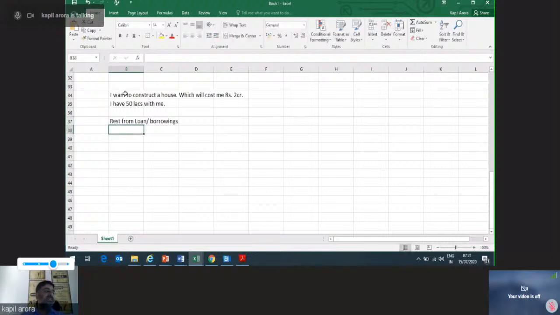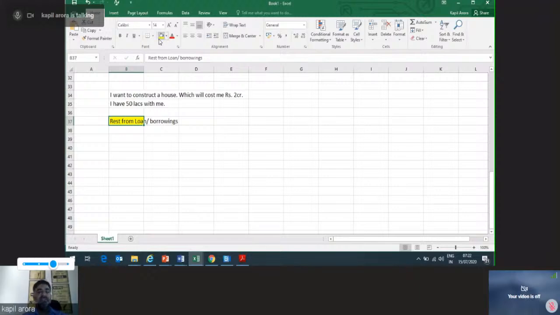Now my question is, if I don't take this loan, can I construct my house? The answer is no. If you want to construct the house, you have to take this loan. So we can say it is directly attributable.